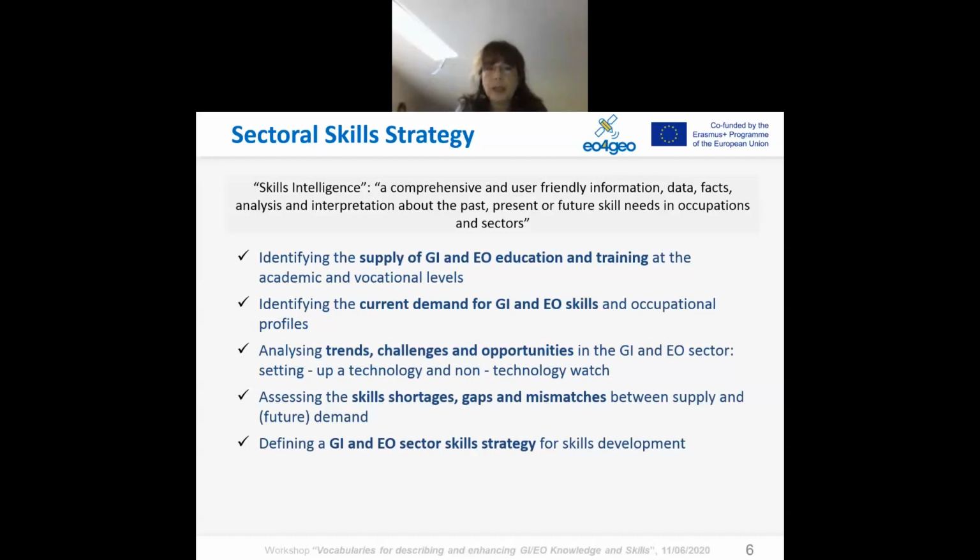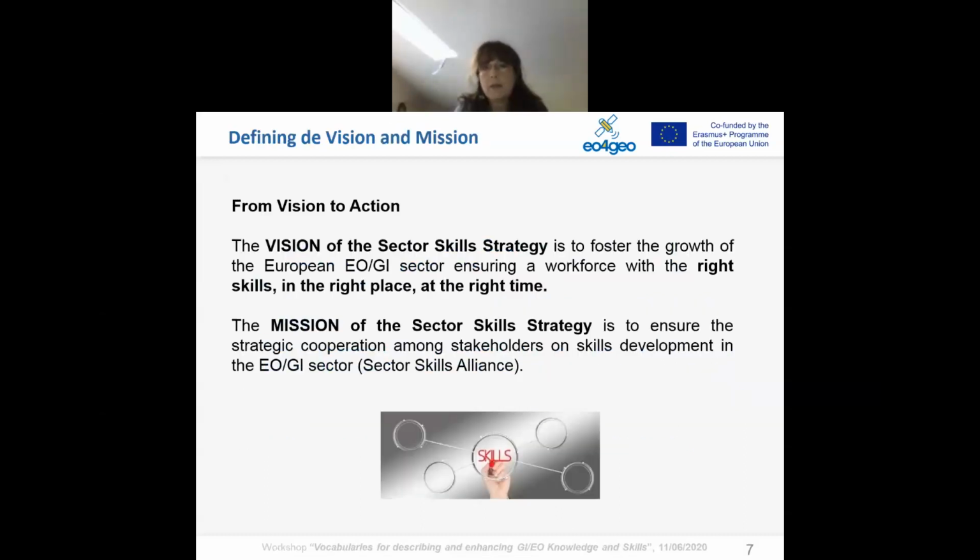So based on the assessed skills shortages, gaps and mismatches, we developed a GI and EO sectoral skills strategy for the development of skills. This brought us to the definition of the vision and mission of our strategy, which is on one side to foster the growth of the European Earth observation and GI sector, ensuring the workforce with the right skills in the right place at the right time, with a mission to ensure the strategic cooperation among stakeholders on skills development.